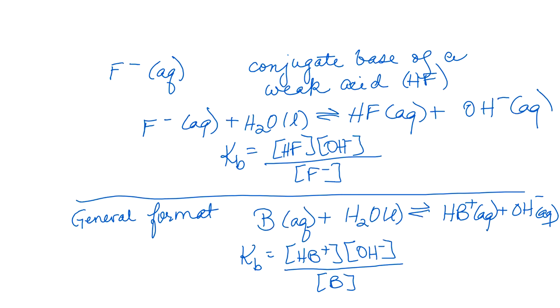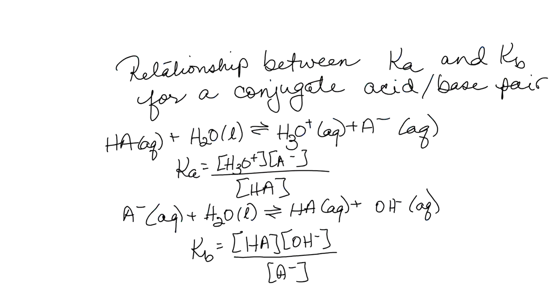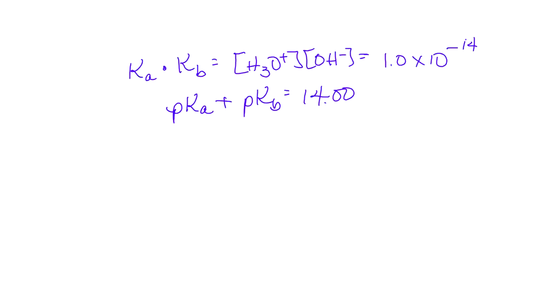Let's take a look at the relationship between Ka and Kb. For a conjugate acid-base pair, if I write these two equations down, what would happen if I multiply the two together? When you multiply the two together, you end up with Ka times Kb equal to 1 times 10 to the minus 14.